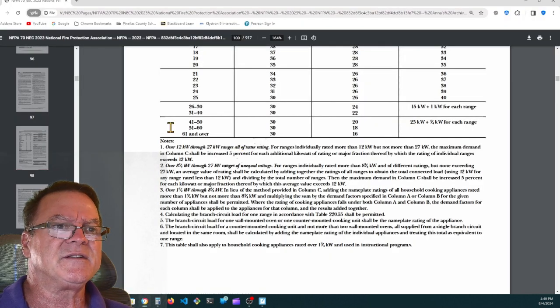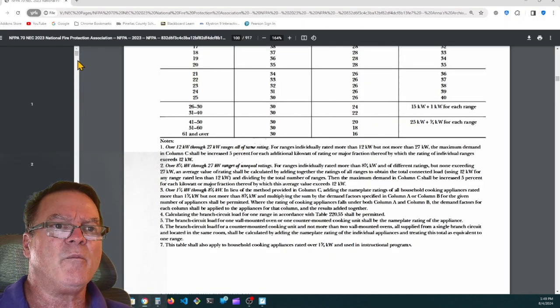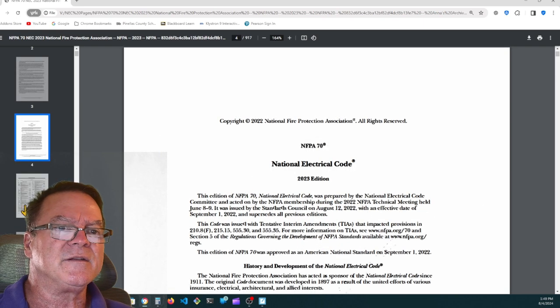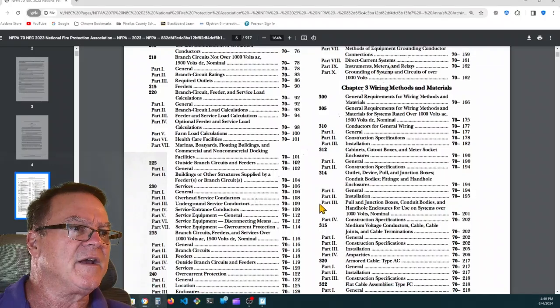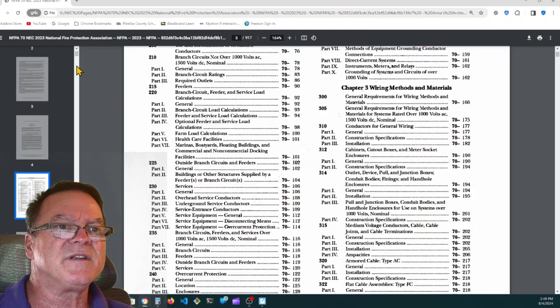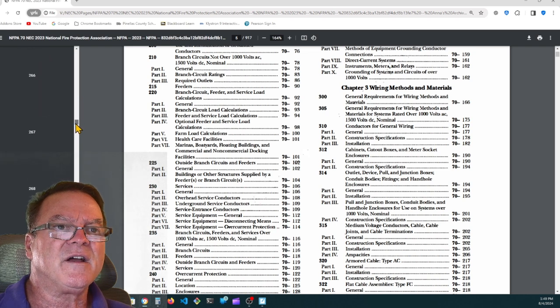Let's go to 310.16. If I go back to my table of contents, I go to 310, there you go, 310.16, page 177. Let's find page 177.